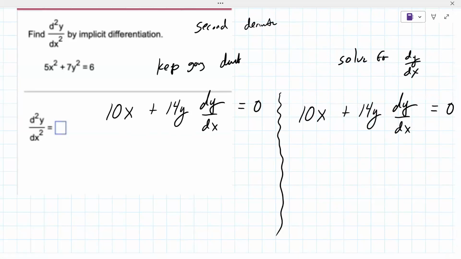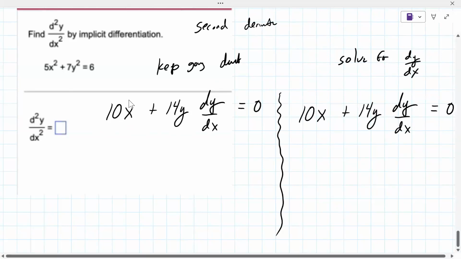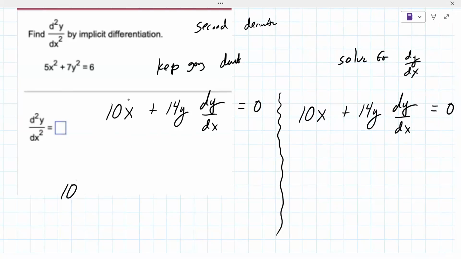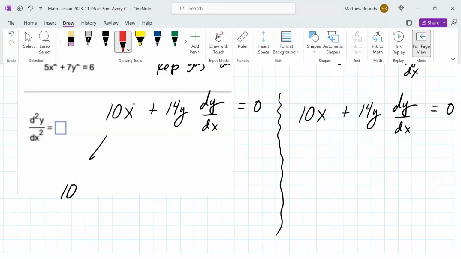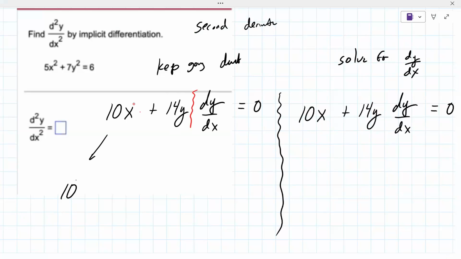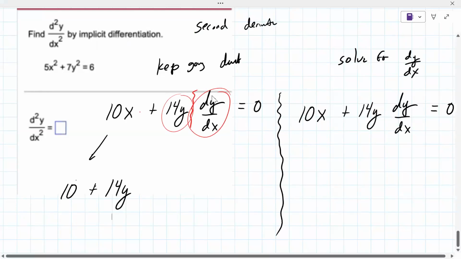So on the left here, the derivative of 10x is just 10. In the middle here, this is product rule, like I kind of was alluding to before. The products are 14y and dy/dx. So we're going to keep the first, this is the product rule, and then you take the derivative of the second.